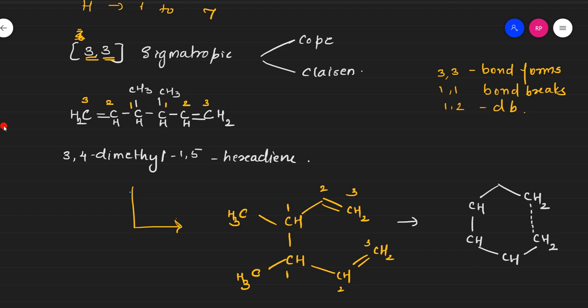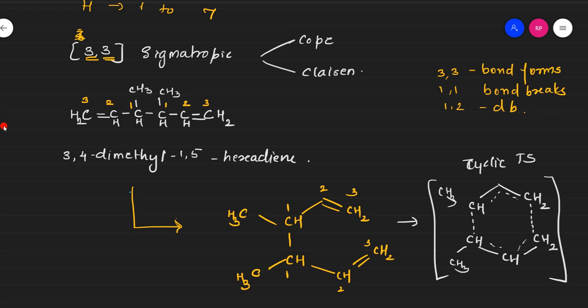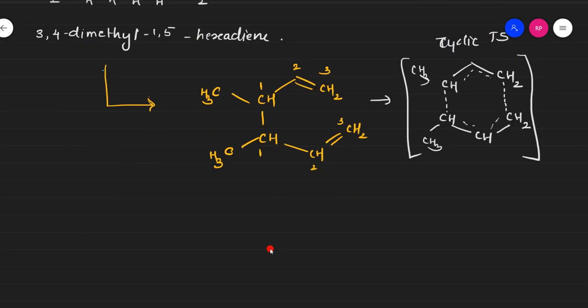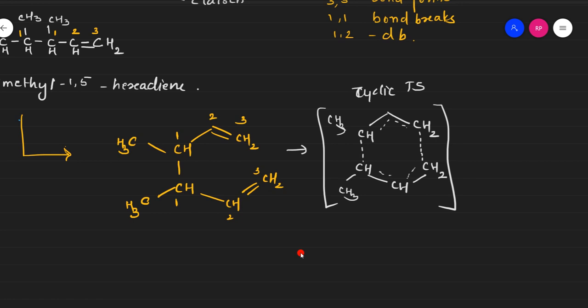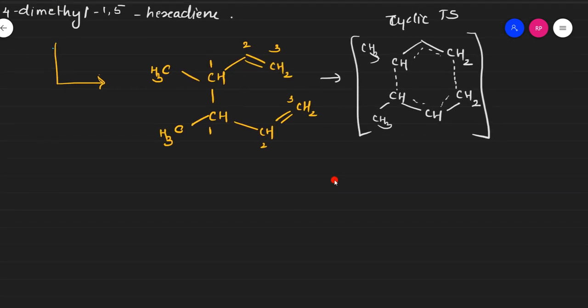The 1,1 bond is going to break, so put a dotted line there. Some bonds are going to break, new bonds are going to form. This is CH3. This is your cyclic transition state. Once this stage is reached, the product formation takes place.